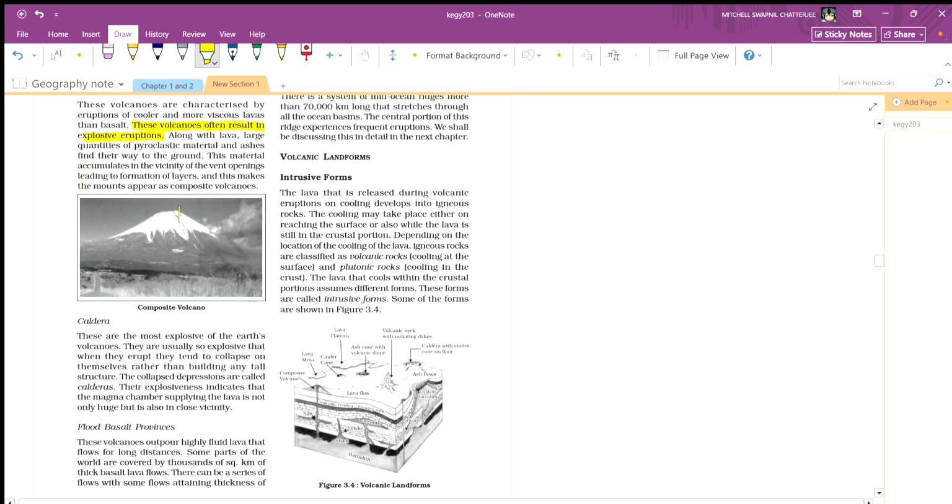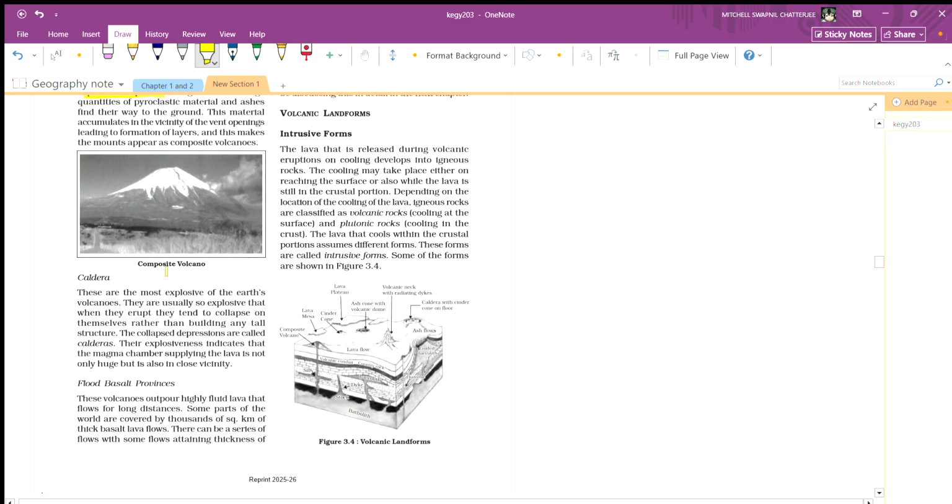This looks like Mount Fuji. Now the third type is caldera. These are the most explosive of the Earth's volcanoes. They are so explosive that when they erupt, they tend to collapse on themselves rather than building any tall structure.